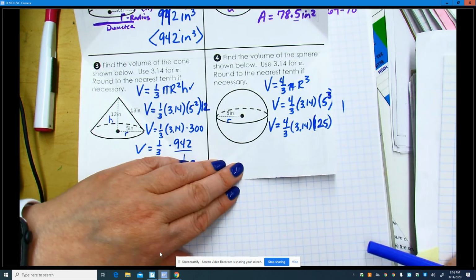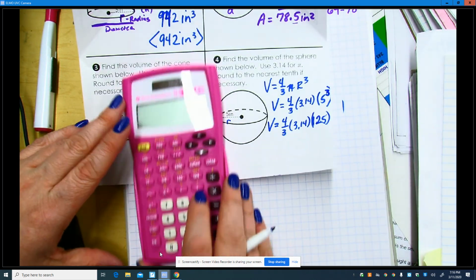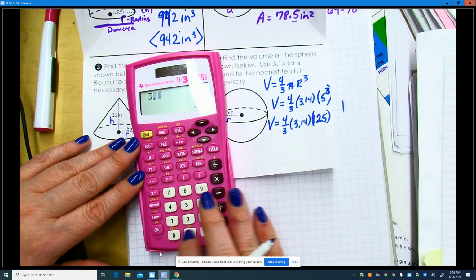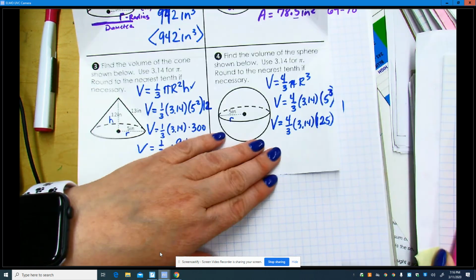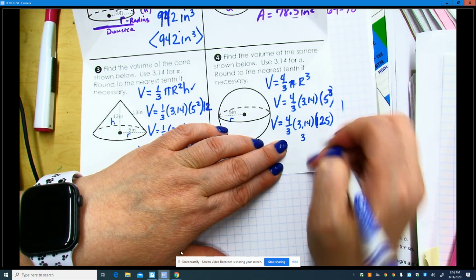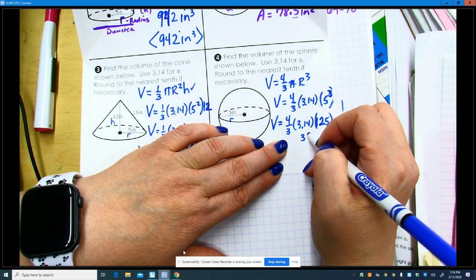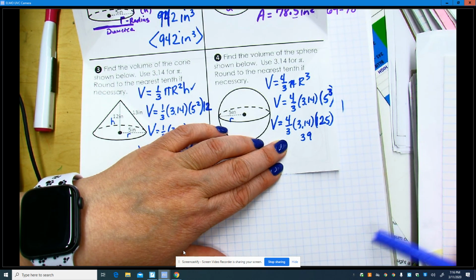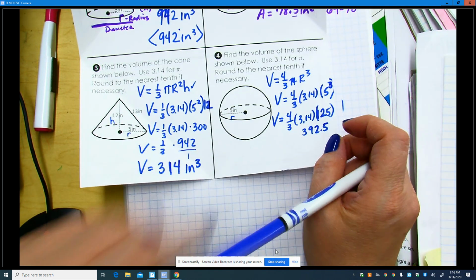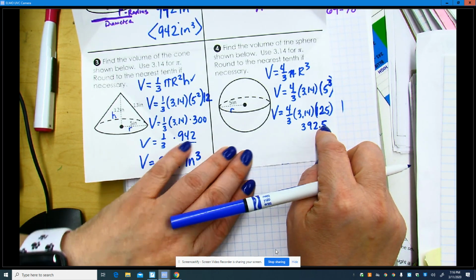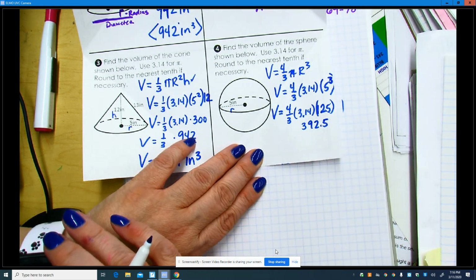And then let's do, in our calculator, 3.14 times 125, and we would get 392.5. Not that far off from where the cylinder or the cone was.